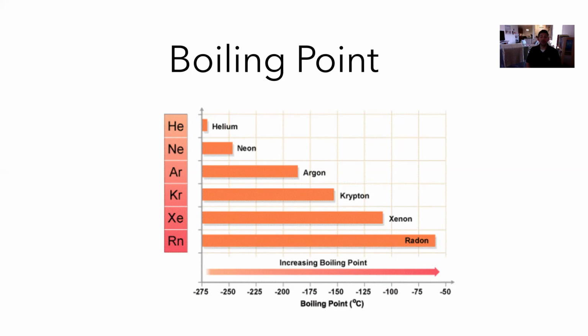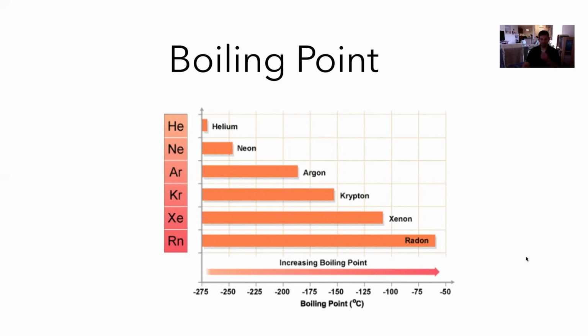So we need to put in a lot of kinetic energy to essentially break apart those attractions. So our larger atoms have more electrons, they are more polarizable, they're going to have stronger London dispersion forces for the noble gases, and the boiling point is going to increase.